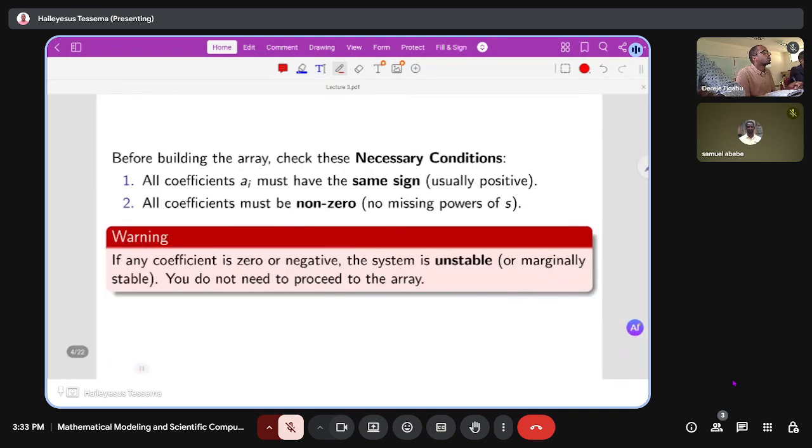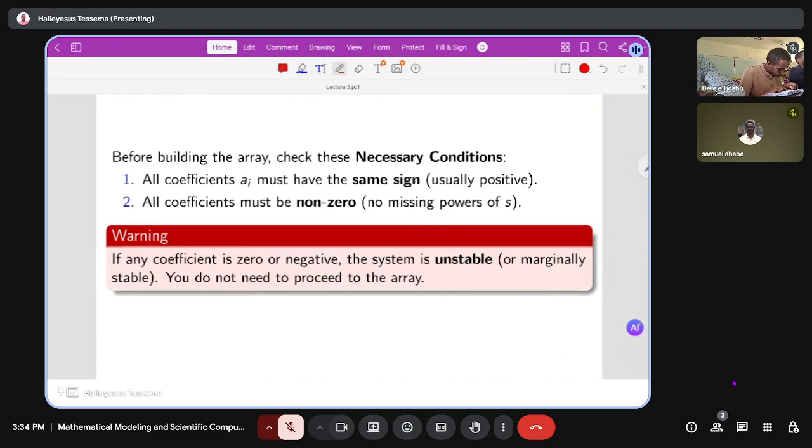Before applying the Routh criteria, one must know or build an array in order to check the necessary conditions. What are the necessary conditions to apply the Routh criteria or build an array? One, all the coefficients of the characteristic polynomial should have the same sign, usually positive.